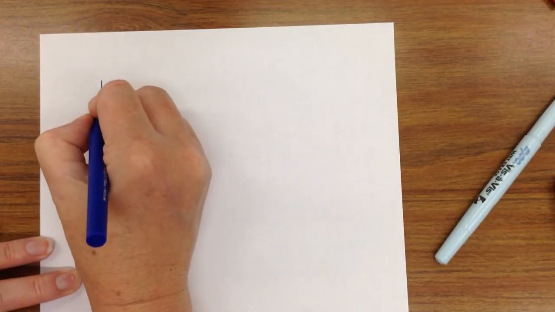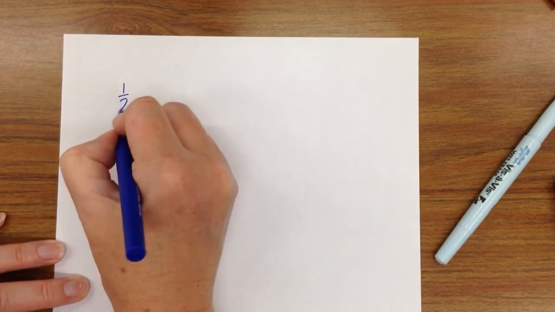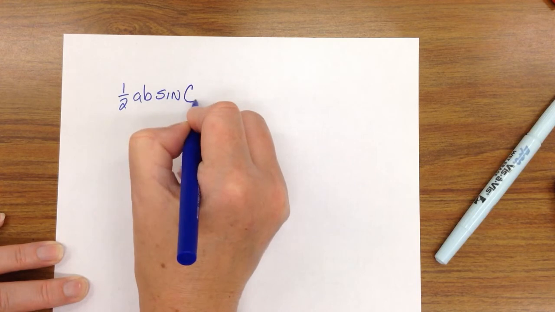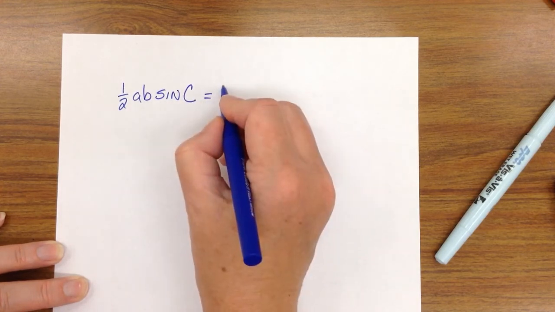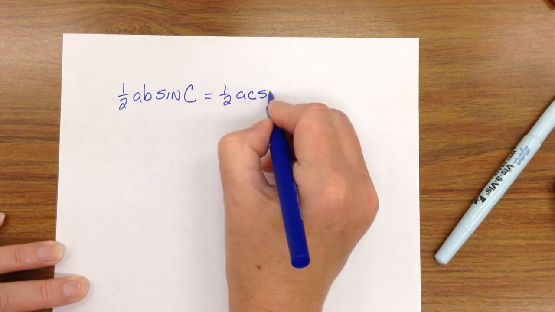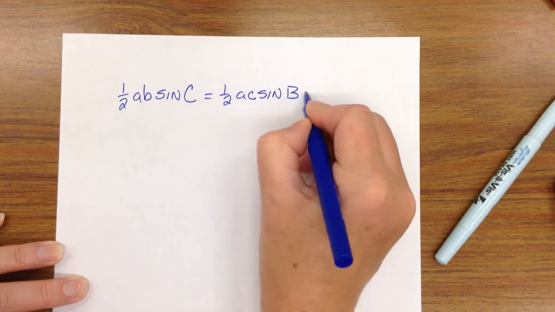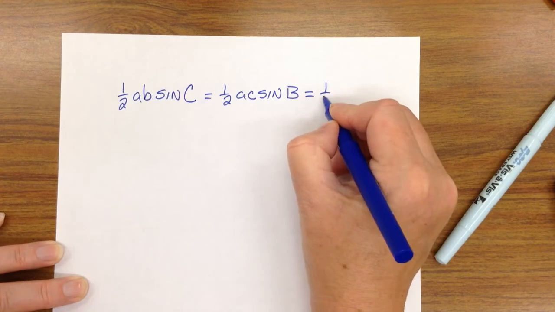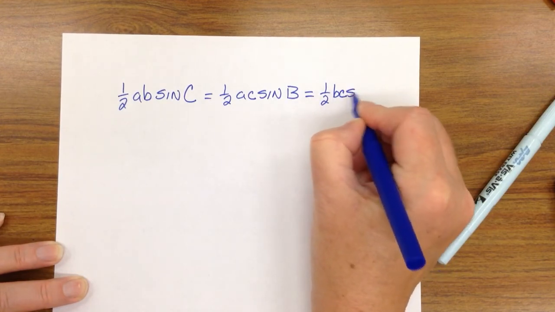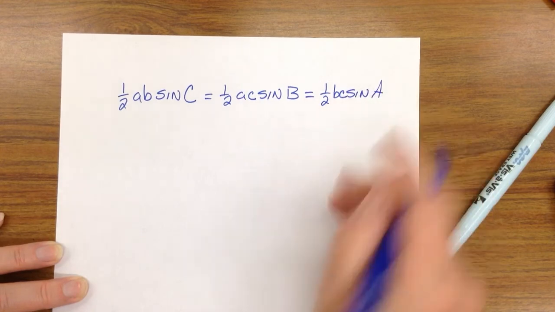Our first one was 1/2 AB sine C. Our next one was 1/2 AC sine B. I'm not even sure if that was second or third, but they're all there. The last one, 1/2 BC sine A.